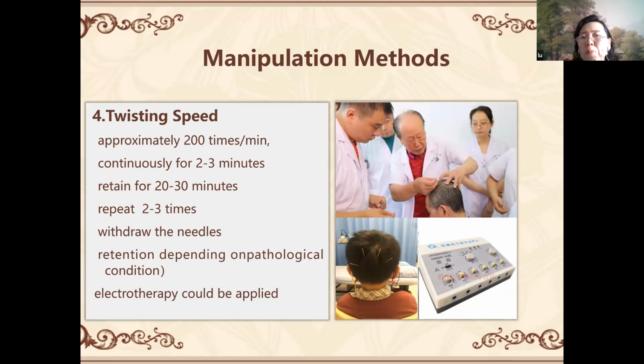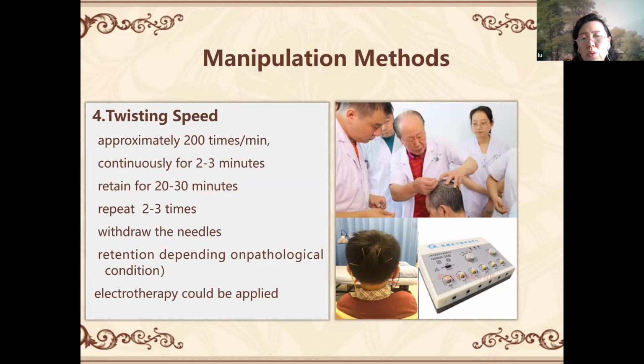As I talked about before, Professor Yu recommends our doctors to leave a long retention for the patient who suffered from hemiplegia. And nowadays, we have been using this way for more than 30 years. Normally we insert the needle and twist it 2 to 3 times within 20 to 30 minutes.